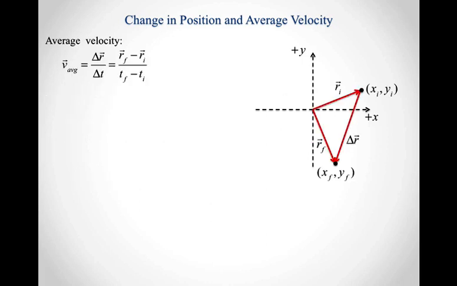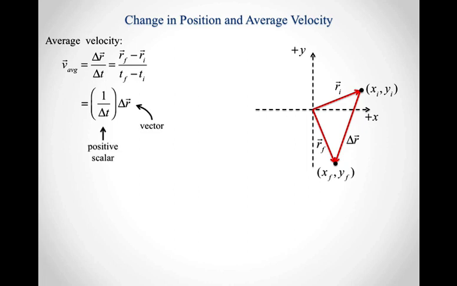To think about that, let's come back to our average velocity equation. I can rewrite this, and instead of thinking of it as the vector delta r over delta t, the displacement divided by my chunk of time, let's factor out that time element. I can put 1 over delta t out front times the displacement vector. The reason this is interesting is that now I have an equation where I create a new vector, the average velocity, by taking an initial vector, the change in position, and multiplying it by a scalar.